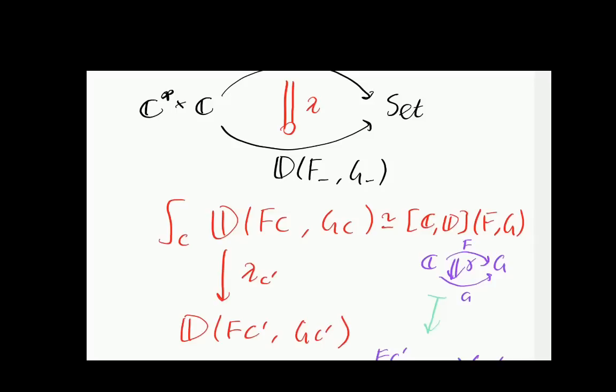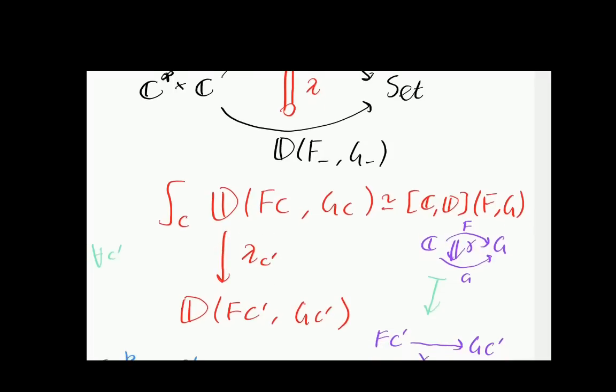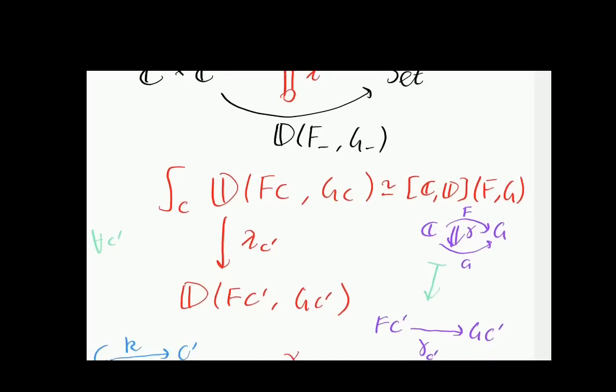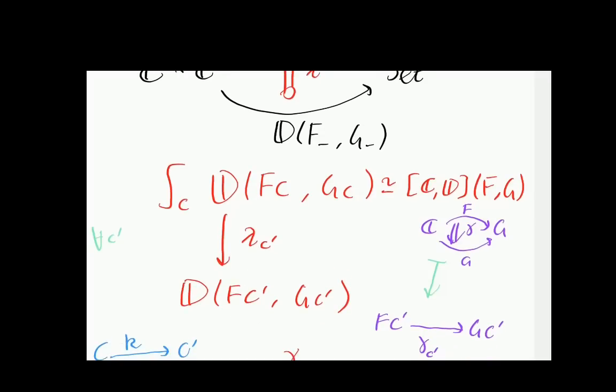Okay, so for every object c dash, we're going to have this function lambda c dash, which is going to be taking us from this set of natural transformations to the set of arrows from f of c dash to g of c dash. And how does it work? Well, it's pretty straightforward, right? This is a set of natural transformations.